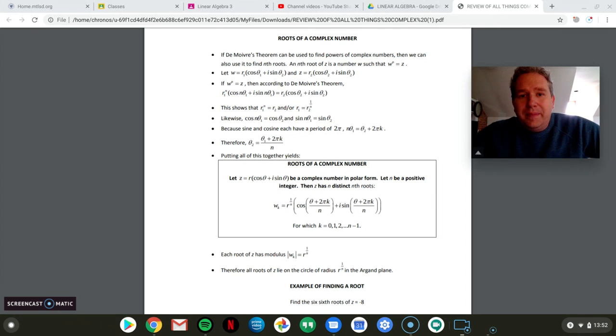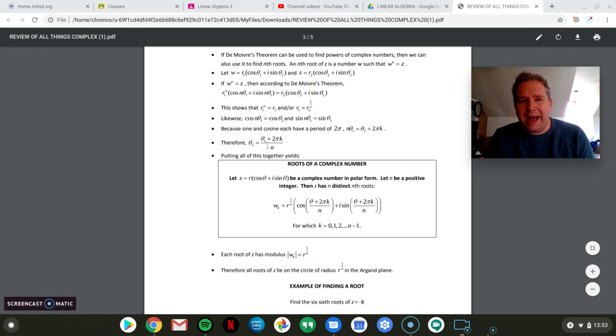And bottom line, to deal with the n there, I put here, because sine and cosine each have a period of 2 pi, n theta sub 1 equals theta sub 2 plus 2 pi k, where k is just a number of rotations to get to the same terminal point when you think about trig, getting back to the same angle. So if we want to solve then for theta sub 2, we just divide this out. You get theta sub 2 equals theta sub 1 plus 2 pi k over n.